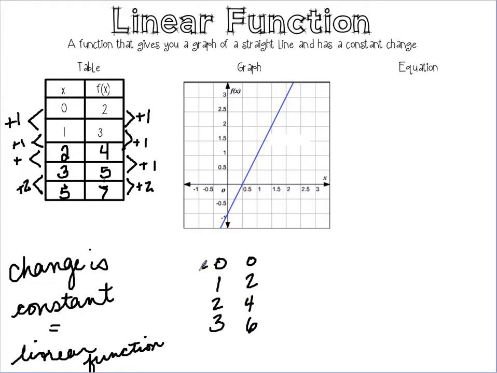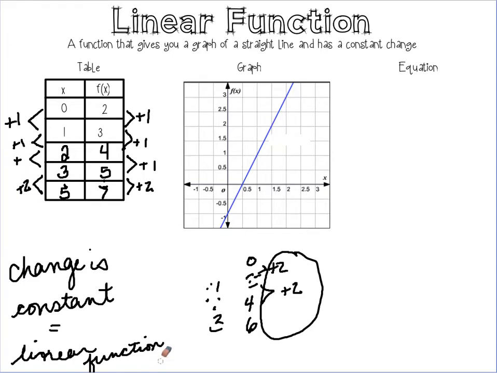So every time I go up 1, over here I end up going up 2. I went up 1, I went up 2. This change is the one that has to be constant. So as long as this change is the same and follows the same pattern, you know it's a linear equation or a linear function.